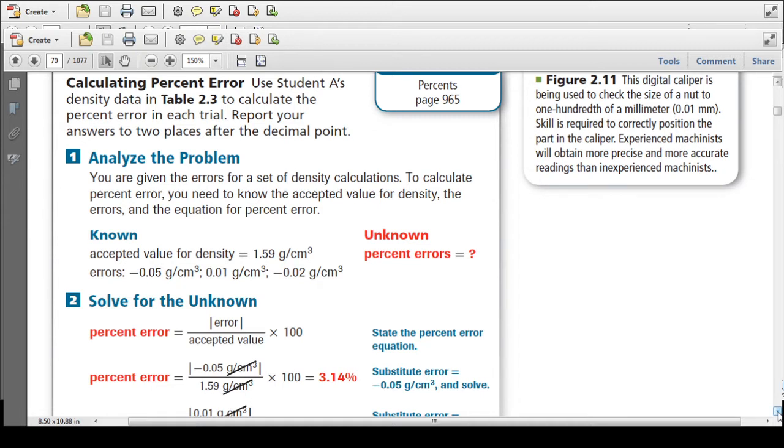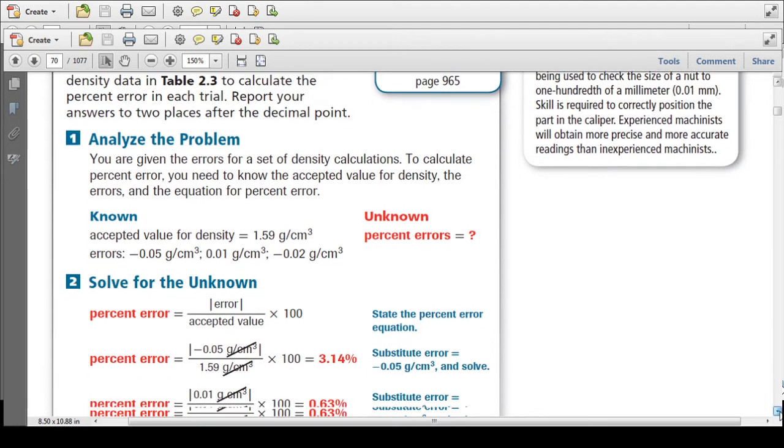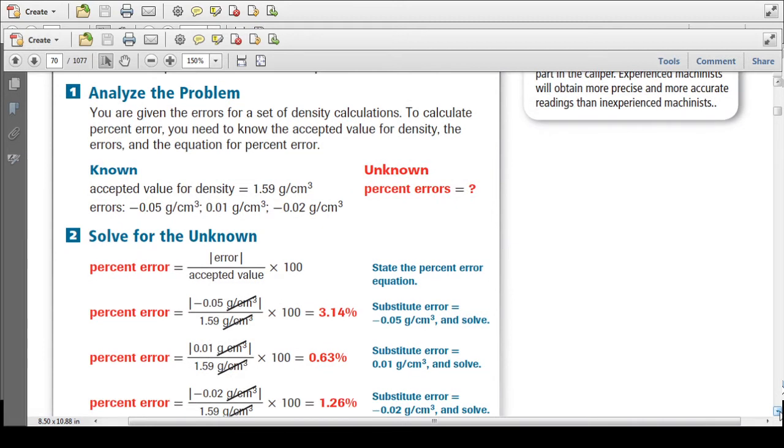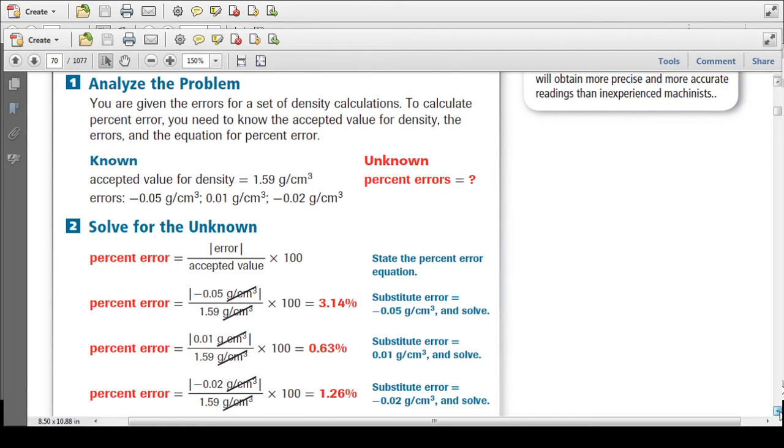We know that the accepted value is 1.59 grams per centimeter cubed, and the errors are negative 0.05 grams per centimeter cubed, a positive 0.01, and a negative 0.02. So we want to find the percent error of these values with respect to the given accepted value for the density.